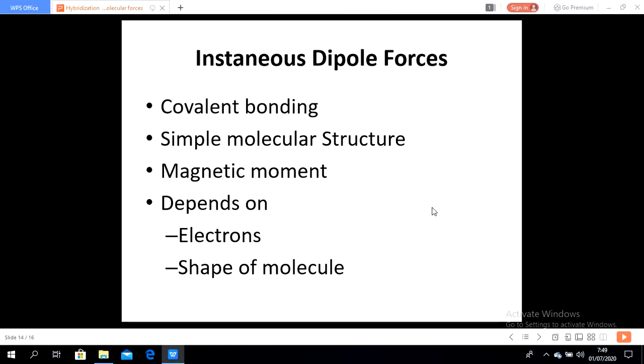What does it mean? If there are more electrons, the instantaneous dipole increases. If the instantaneous dipole increases, the boiling and melting points increase. The shape of the molecule is also similar: there is an area of close contact between molecules that affects the instantaneous dipole forces of the molecule.